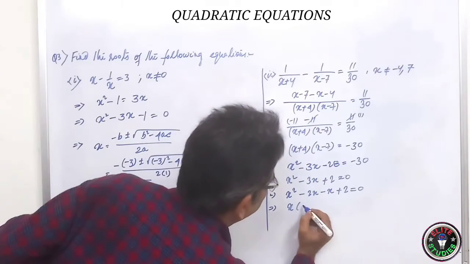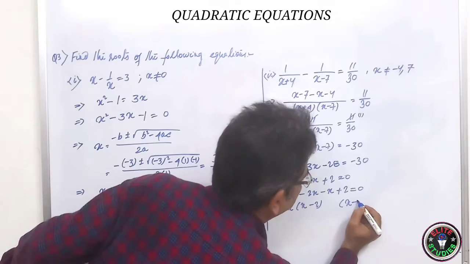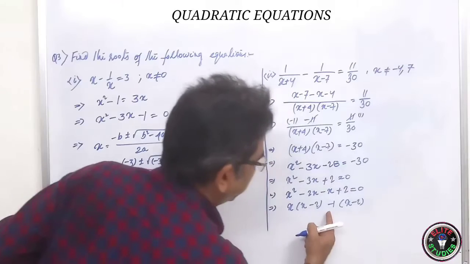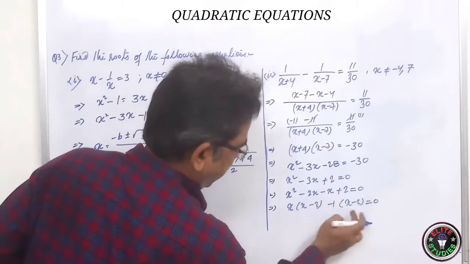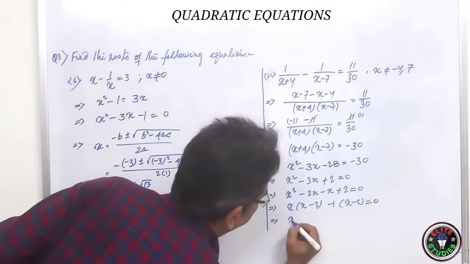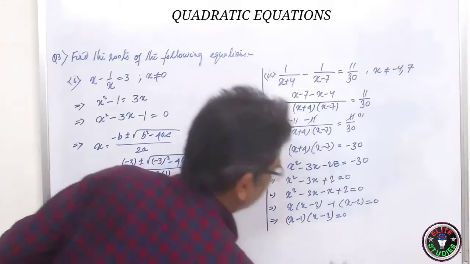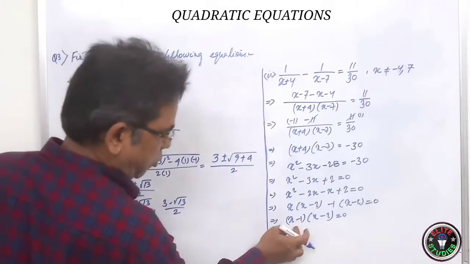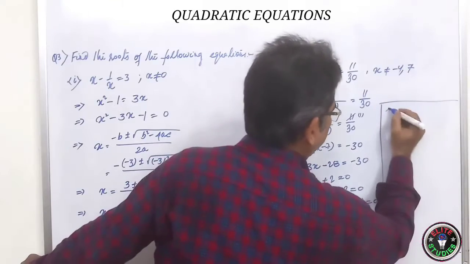So it will be x minus 2, and here it should be x minus 2. Refer to my earlier videos. Then minus 1 will be equal to 0. You see, minus times minus is plus 2. So it gives (x minus 1)(x minus 2) equal to 0. Either this will be 0 or this will be 0. Refer to my previous videos.